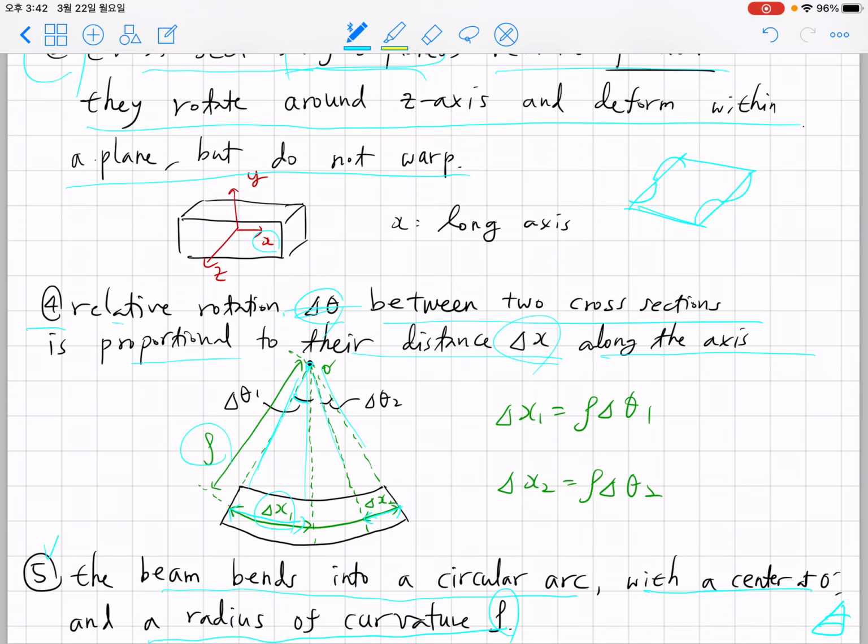Okay, so these are the assumptions that we can make about pure bending, and these assumptions are from observations, and I do not provide the mathematical proof. But starting from these observations, we will try to derive equations for stress, strain, and the relationship between external loading, stress, deformation, curvature radius rho, and so on.